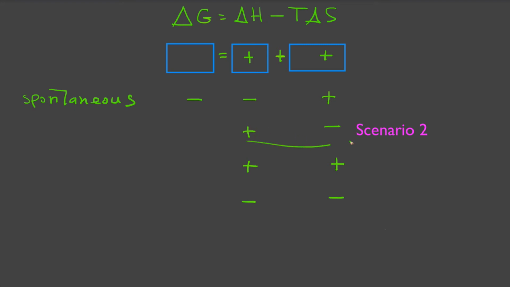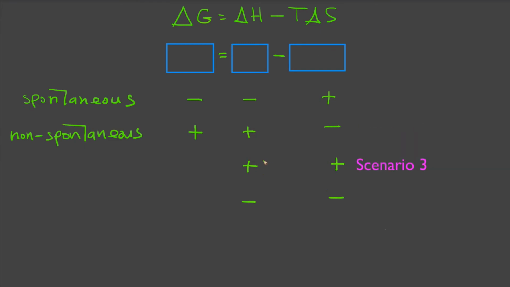So what you really have in this scenario is tantamount to saying a positive number plus a positive number. And so necessarily you're going to get a positive number. If delta G is a positive number, it's uphill, and therefore we know that it necessarily is going to be non-spontaneous.